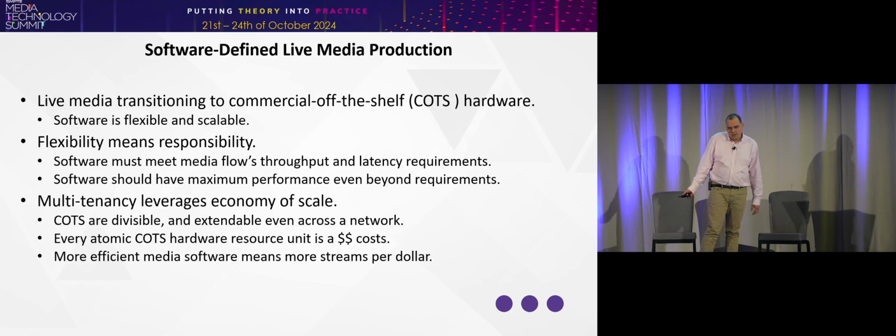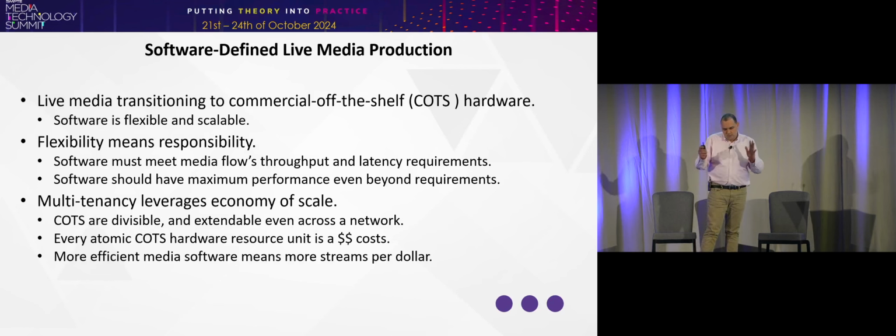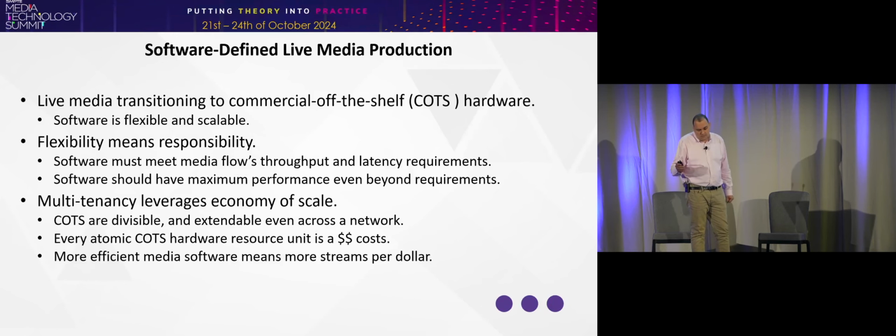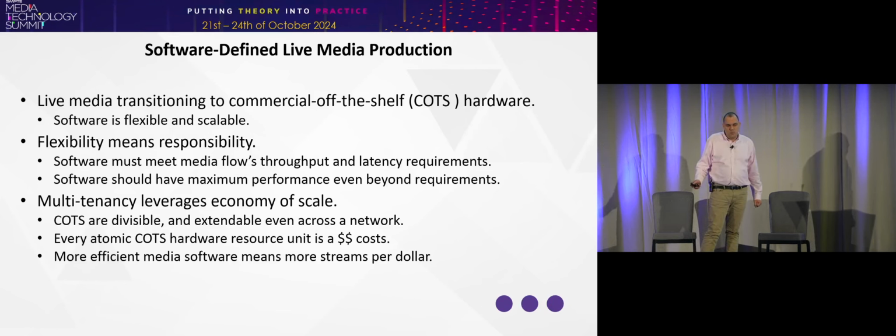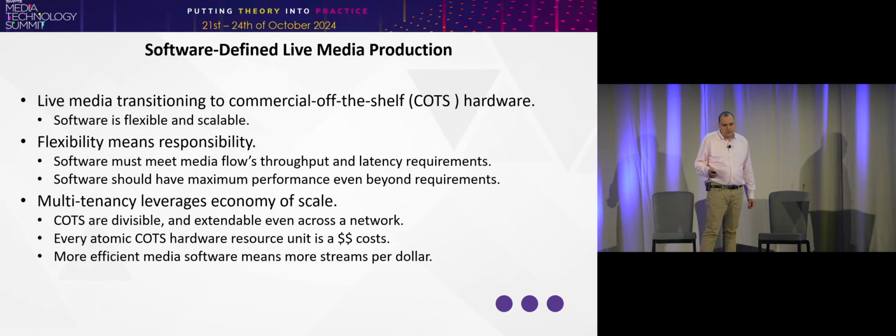And this is where we get into the economy of scale, because you're going to want the same server, a unit of infrastructure with some amount of CPUs, a GPU or maybe many GPUs, and memory, to be able to run as many streams and as many media functions as possible, because every piece of hardware costs us money.